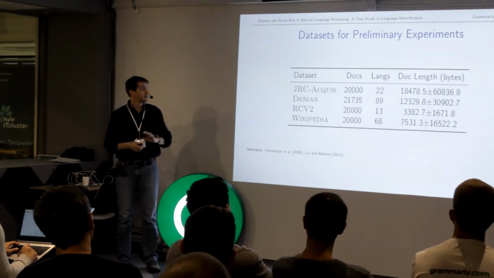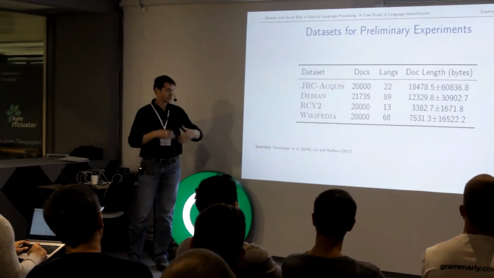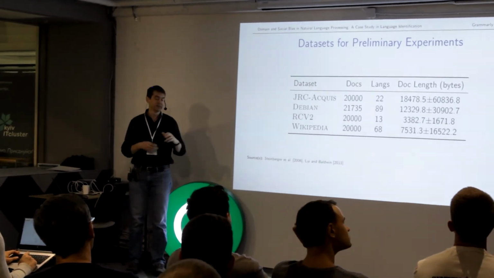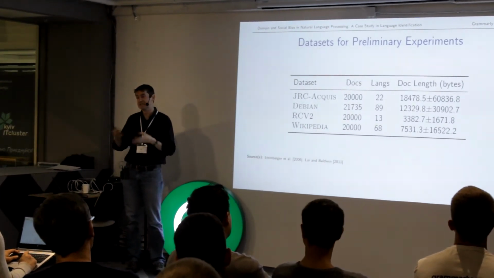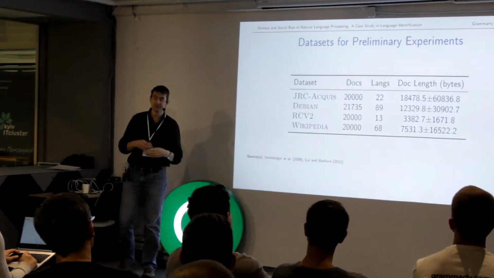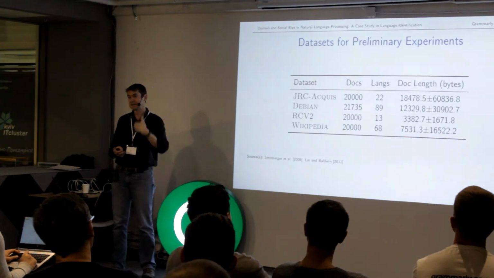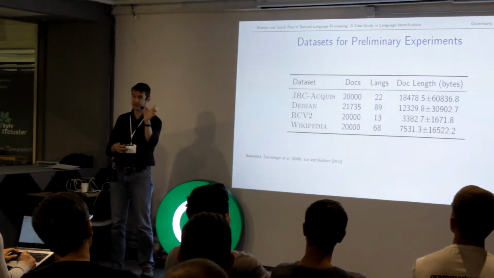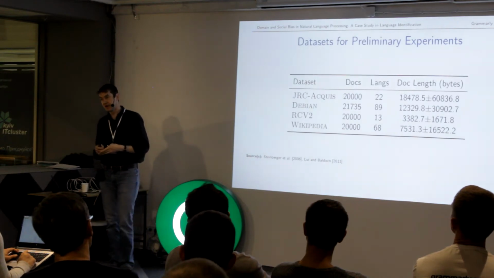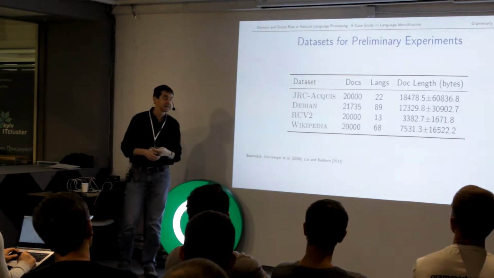Okay, so then we're going to train up models across 4 different domains. JRC Acquis is a bunch of EU legalese documents across 22 languages. Debian is a lot of localized man pages and doc strings from the Debian project, the Debian distribution of Linux.